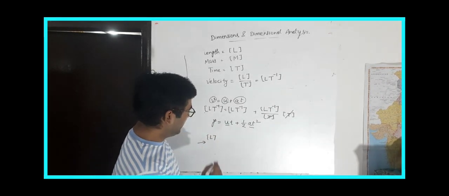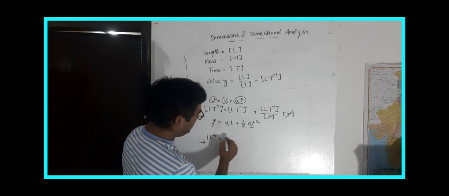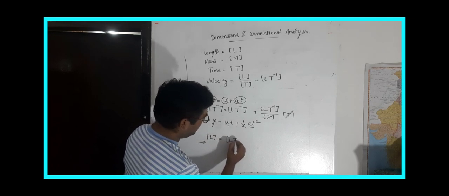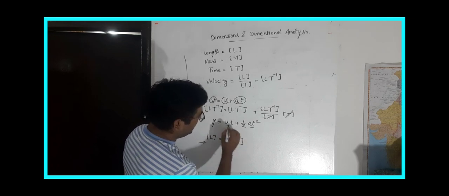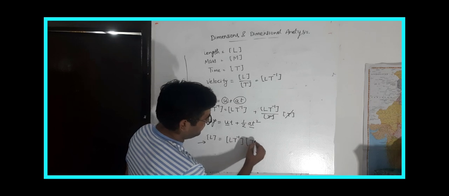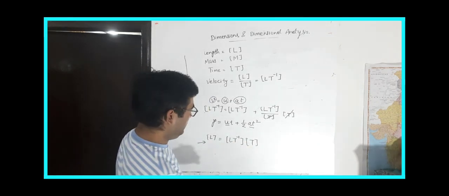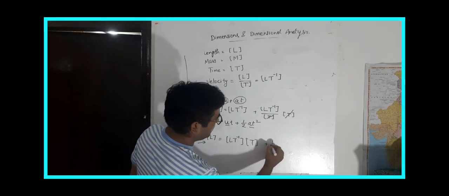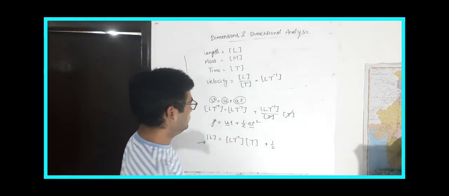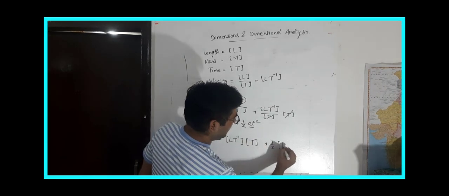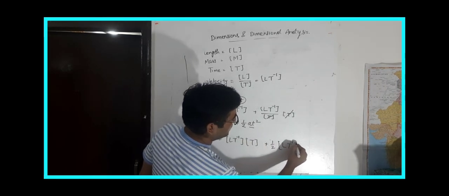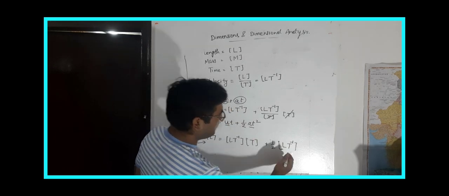Okay. So let us check. So ut will have L t to the power minus 1 multiplied by time. Okay, plus half is dimensionless, so multiplied by L t to the power minus 1. This is the velocity upon time, right?